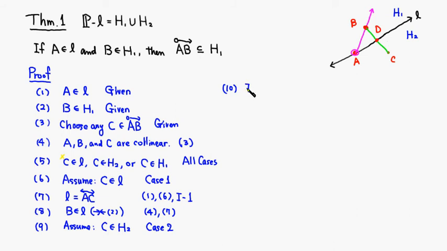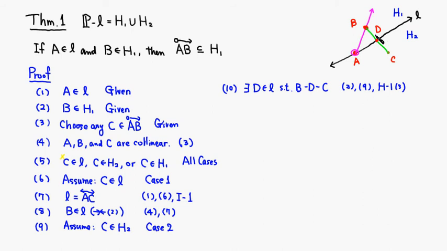So there exists some point D in L such that D is between B and C. I'm using the fact that B is in H1, line number 2, and the assumption, line number 9, and then using H1 part 3 to say that there's going to be an intersection point there.